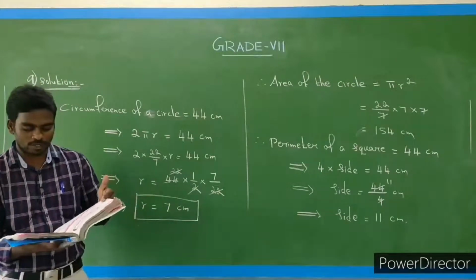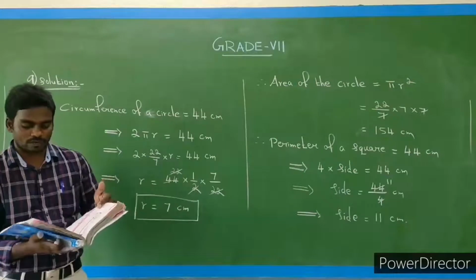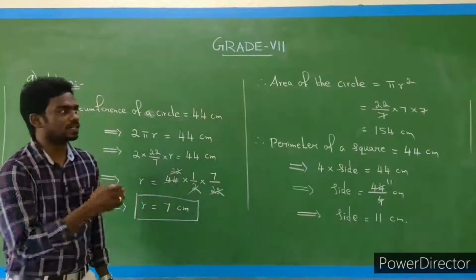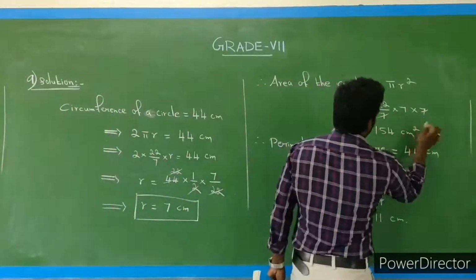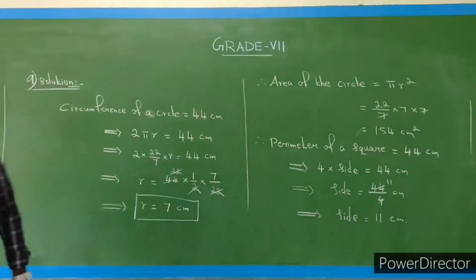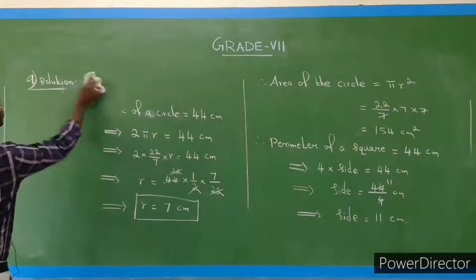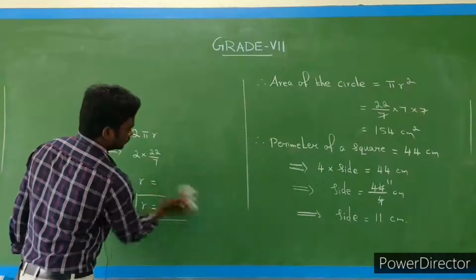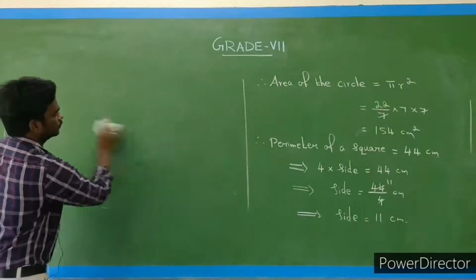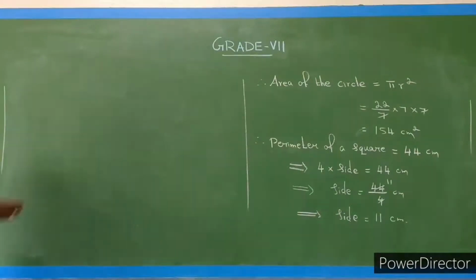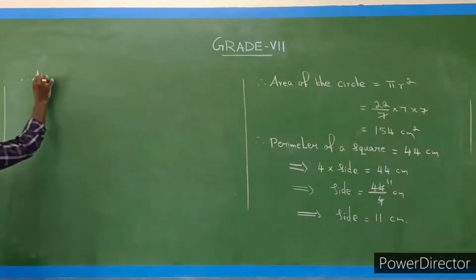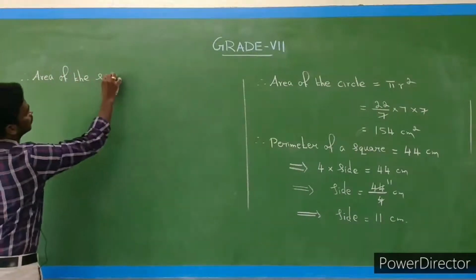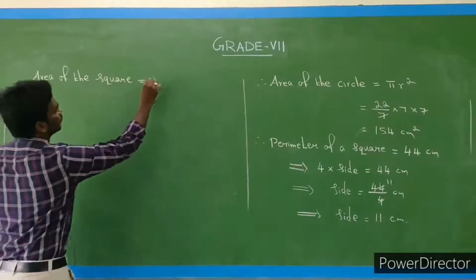Which figure encloses more area, the circle or square? We have to find which shape encloses more area. We already found the area of the circle is 154 centimeter square. Next, we need to find the area of a square. Therefore, area of the square is equal to, what is the formula for area of the square?